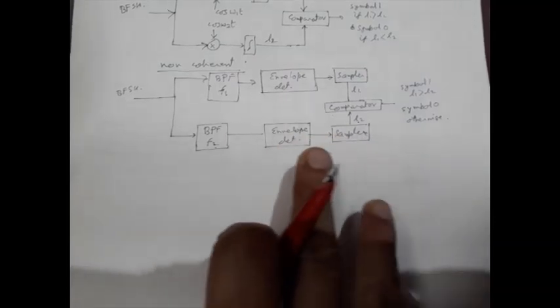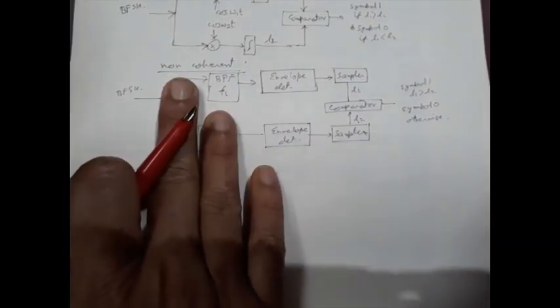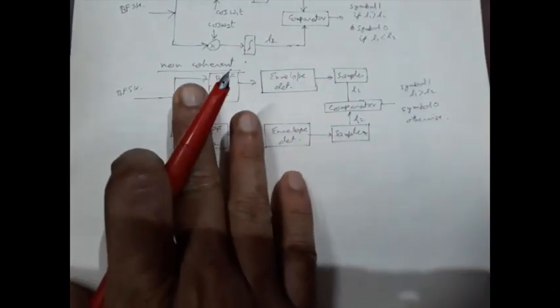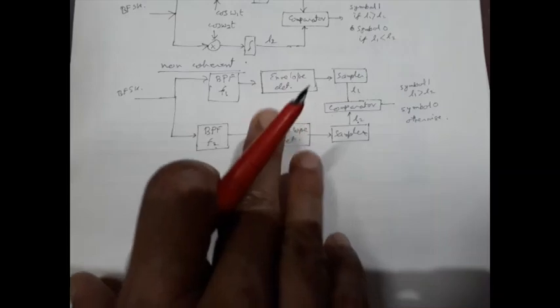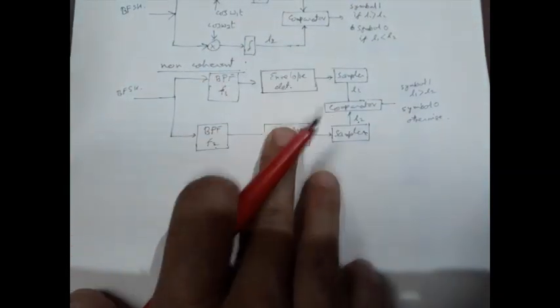So this is how we can demodulate BFSK signal in the non-coherent technique, and here we are using an envelope detector type of thing, so it's very cheap compared to the coherent technique. But performance wise, the coherent technique is much superior compared to this non-coherent technique.